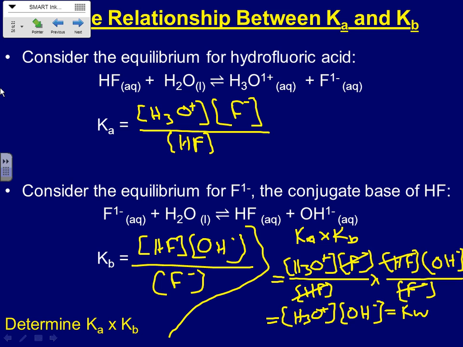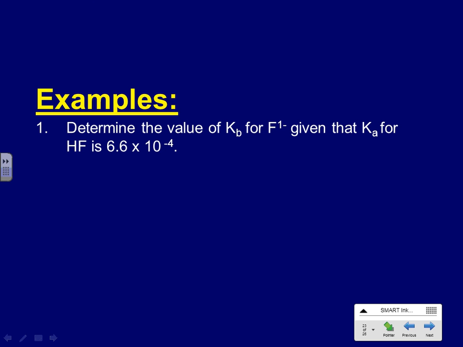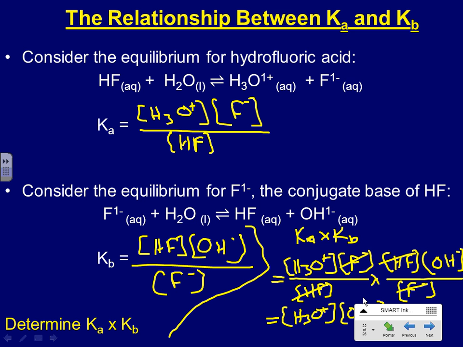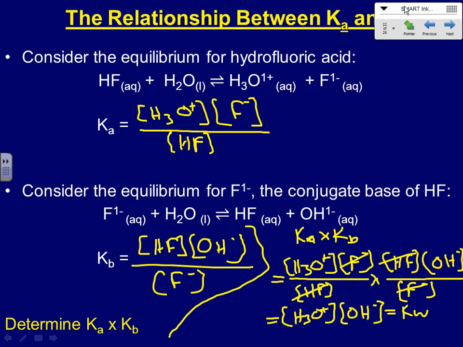And that's very important. In the end, and again, I don't think I have a slide. Maybe I do have a space to write something down here. I'll write it at the top here. Everybody, get down what you need to get down here, and then I'm going to just summarize on the top of the next slide. So when we multiply Ka times Kb, we get H3O plus times OH minus, which is the Kw.